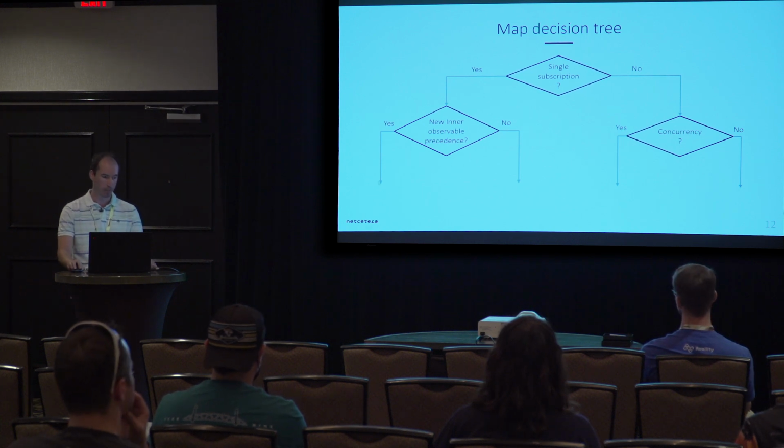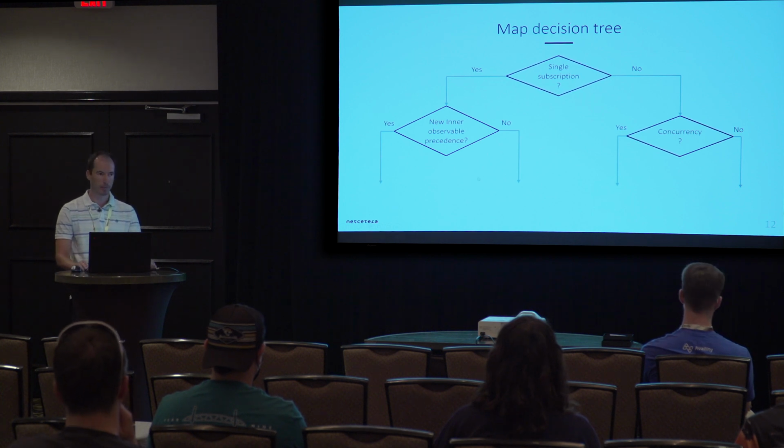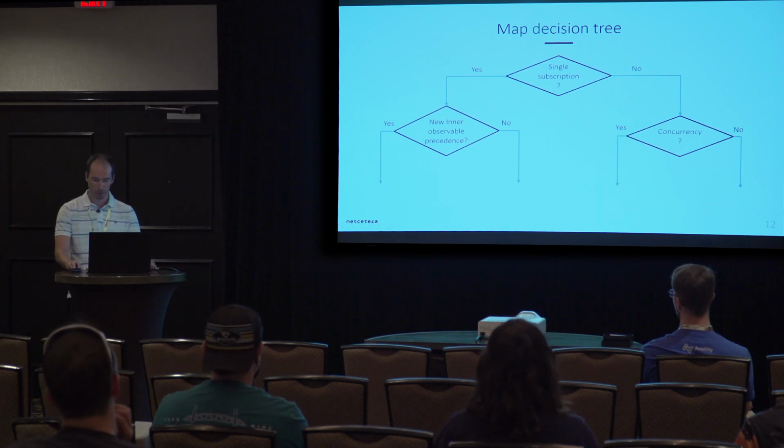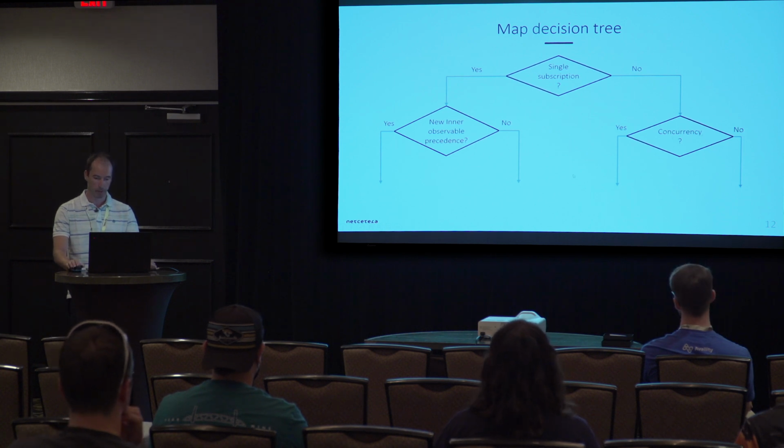And now the question is, if we have switch map and exhaust map, if we compare based on the new inner observable precedence, which will go into the yes branch and which one into the no? Switch would go in the yes, and exhaust map in the no. And now on the right-hand side, if we take a look at the concurrency, we have left the merge map and the concat map.